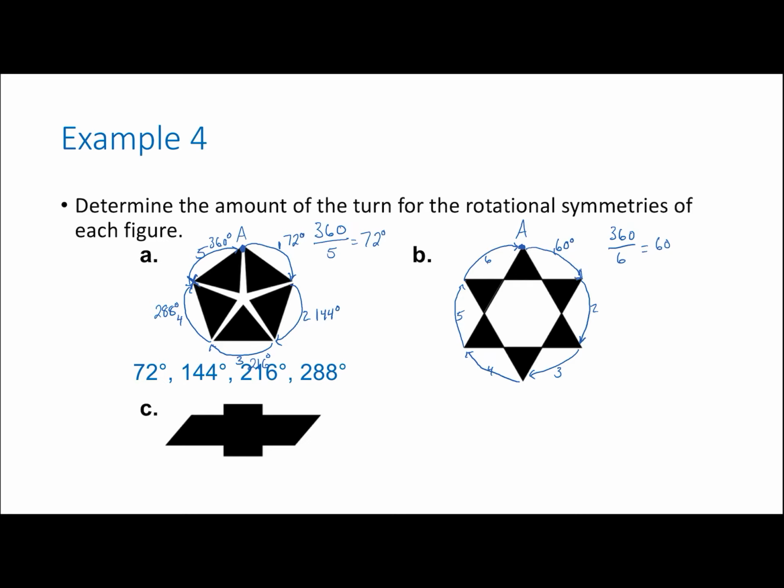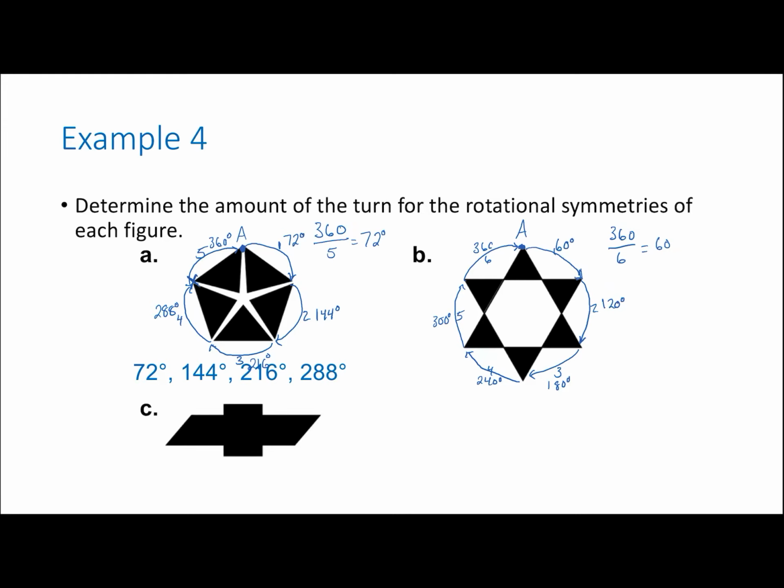And so if you continue to rotate it 60 degrees, we're going to have 120 degrees. And then if you rotate it again 60 degrees, we'll have 180. And then do that again and you'll have 240. And do that again and you'll have 300.